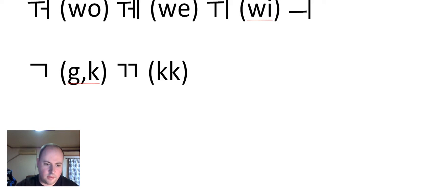So that character and that character, they're the same. I think it's called non-aspirated and aspirated sounds. As in non-aspirated, you say it softly, aspirated, you say it strongly. So if this character was in a word, it would be a soft g. But if this character was in a word, it would be a strong k.